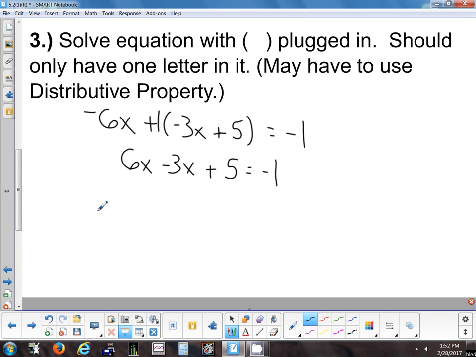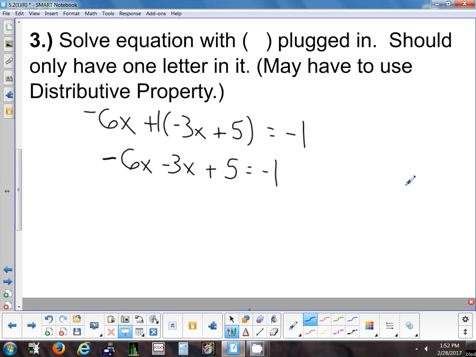All I did was rewrite it without the parentheses. I mean, I can multiply positive 1 times negative 3. I get negative 3x. I can multiply a positive 1 times a positive 5. I'd still get a positive 5. So if there's just a plus sign outside your parentheses, it's not going to change anything on the inside of your parentheses. Nothing happens. Now here, my steps, for the most part, are always going to be the same.